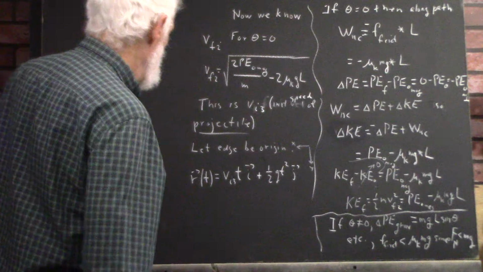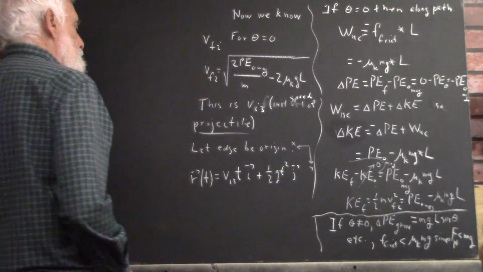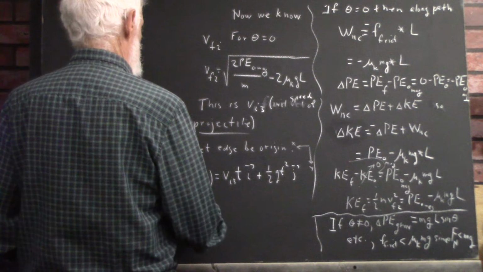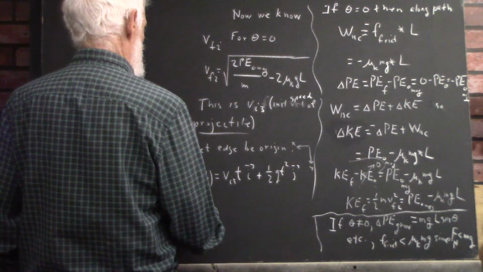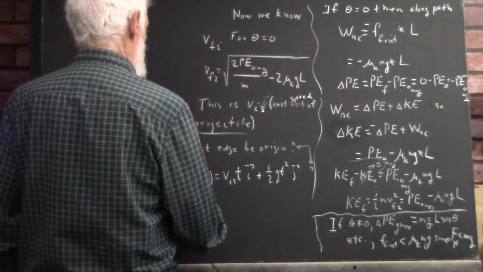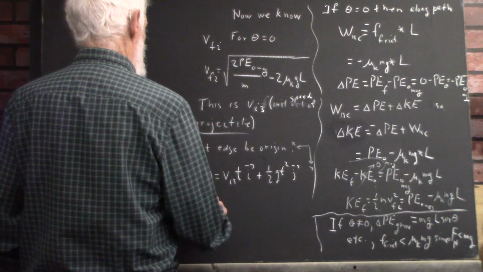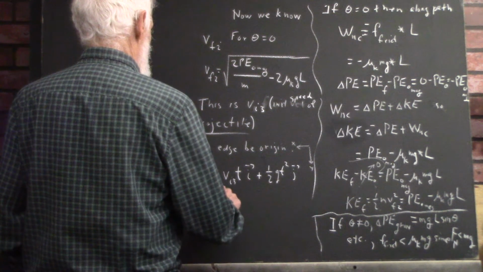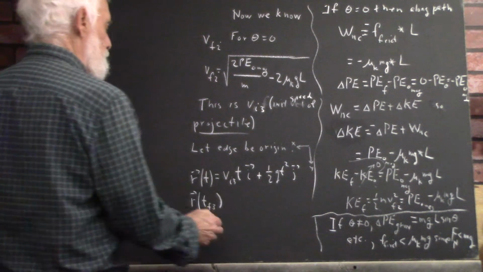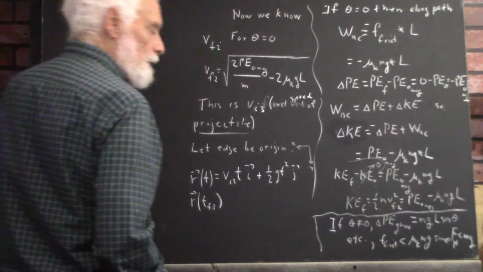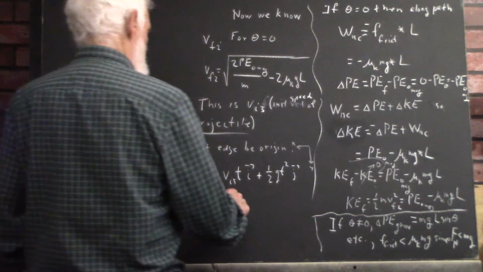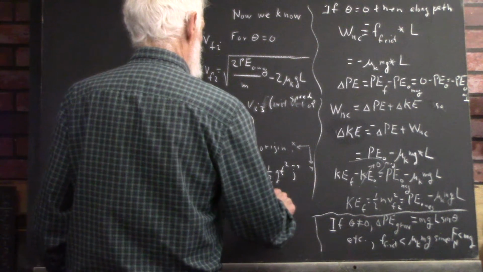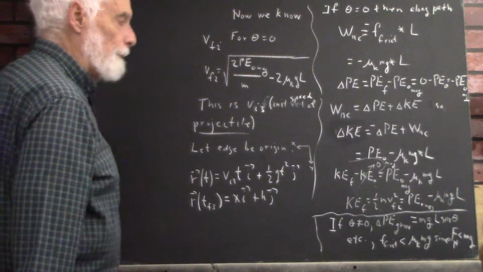And we want r of tF, final time for the third phase, to equal XI plus Hj.